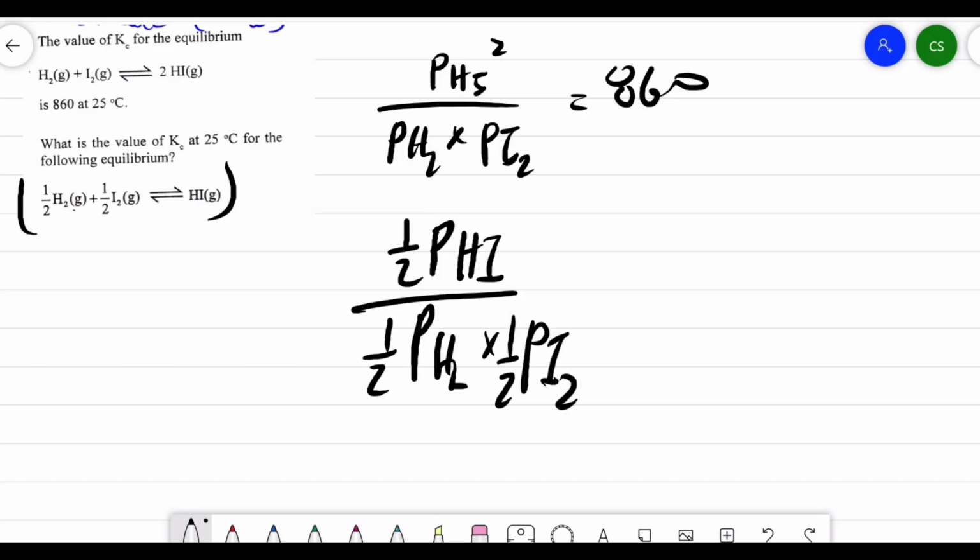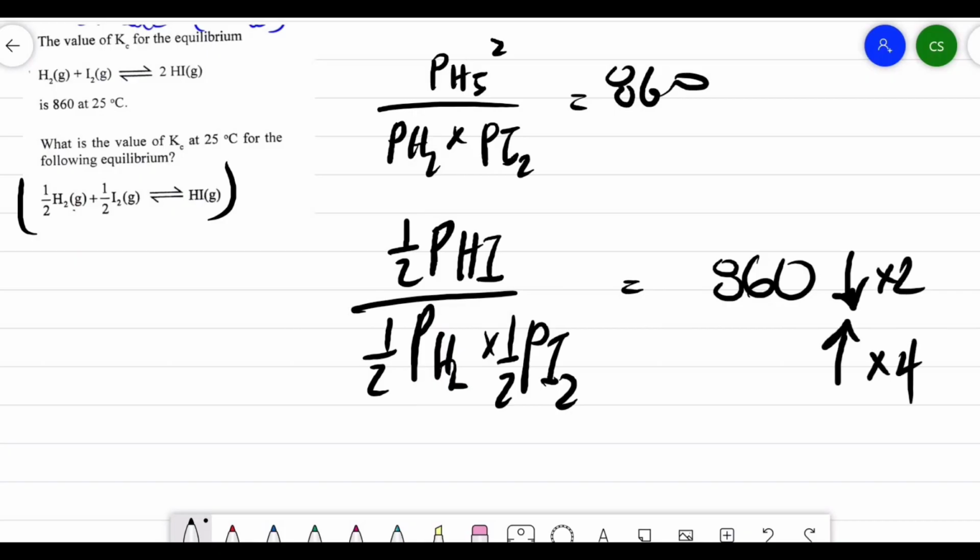This would leave you with the original value, 860, decreasing by a factor of 2, and increasing by a factor of 4.